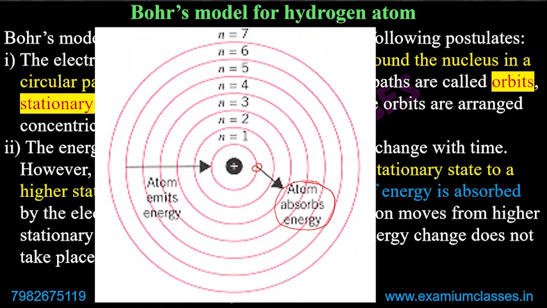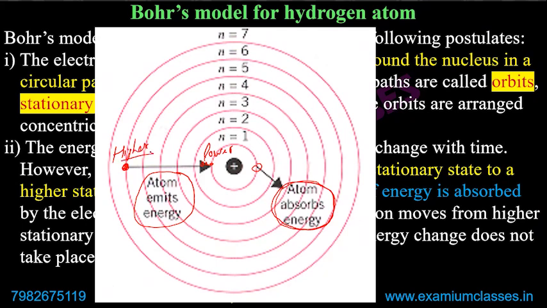This phenomenon is required to explain one very important point: why the energy of an electron inside the atom is negative. And the reverse will obviously happen when they move from a higher energy state to a lower energy state.